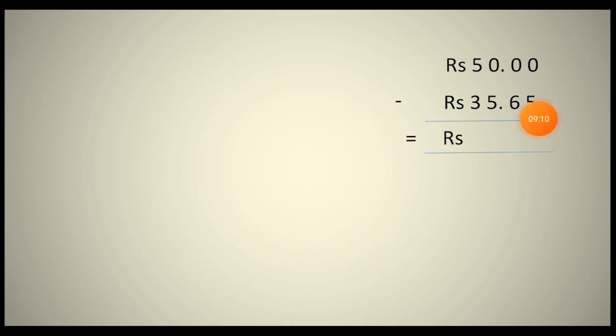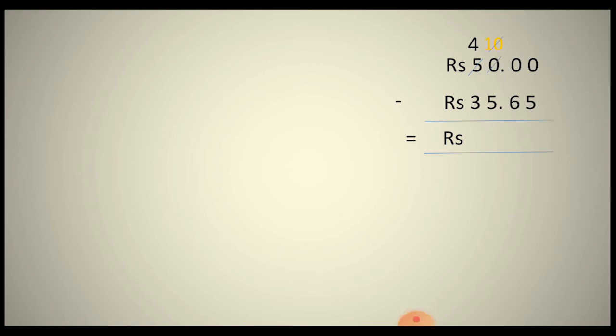So you can see here again, whenever the digits are less than the above number, okay, so what we will do, we will keep on taking the borrow from the previous digit. So you can see here this 5 will get reduced to 4, and the ones place digit which is 0, it will become 10.